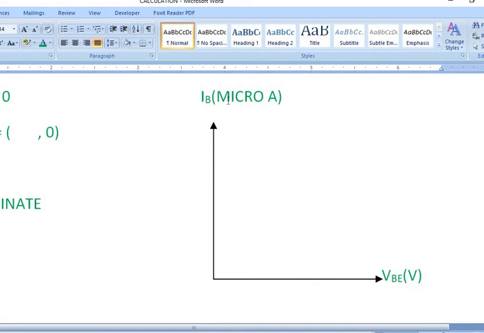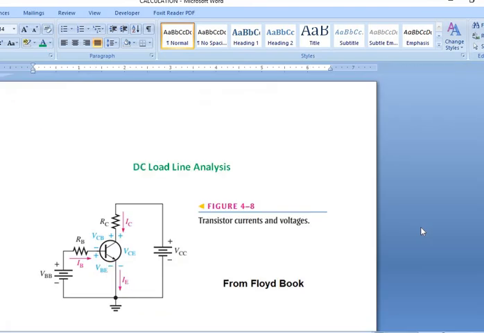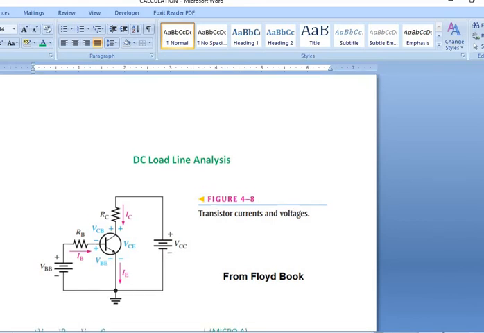Normally this current is in microamperes and this is in volts. Here we can see that this IB current is the point of interest. In fact, we intend to find the values of IB and the associated voltage from base to emitter, VBE. So we can draw the equations.